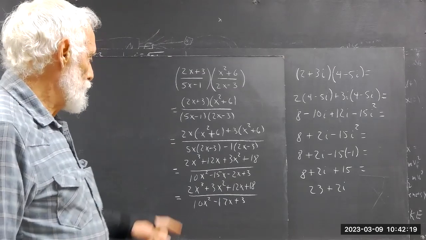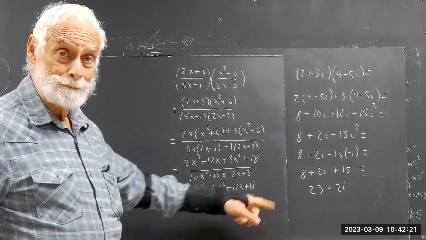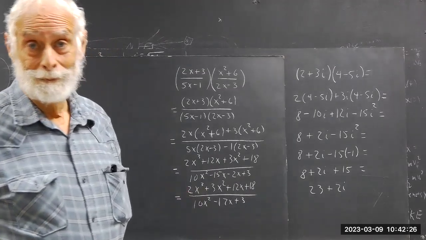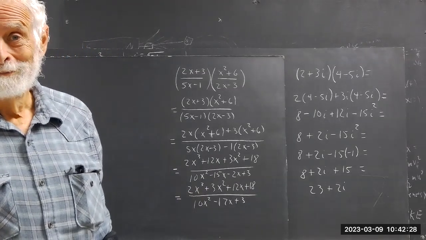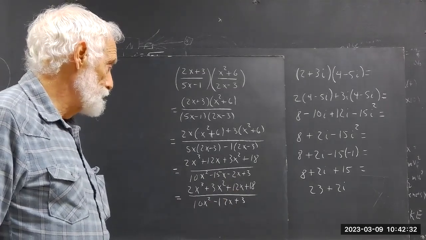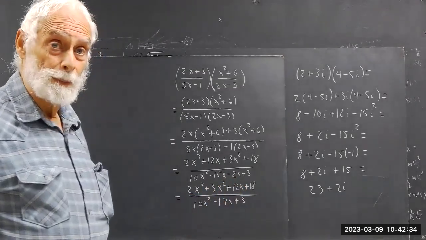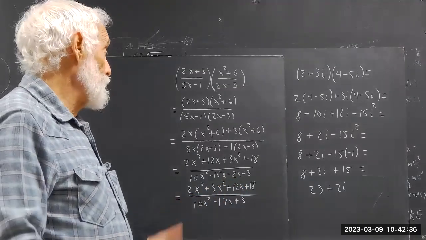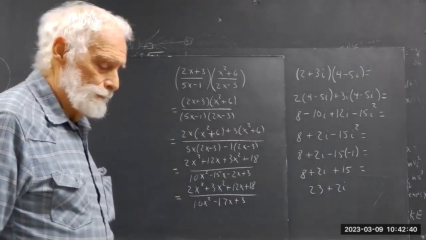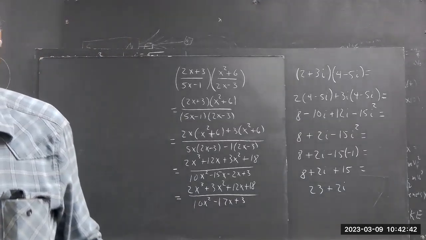Now, it might be that I can factor this numerator. Probably not. Probably have to use long division. Try some negative values of x and see if I get these numbers to match up. Use the rational roots theorem, but we're not going to talk about that in here.